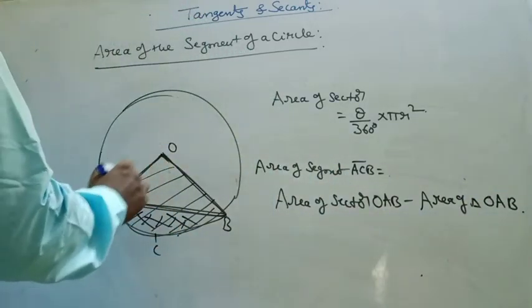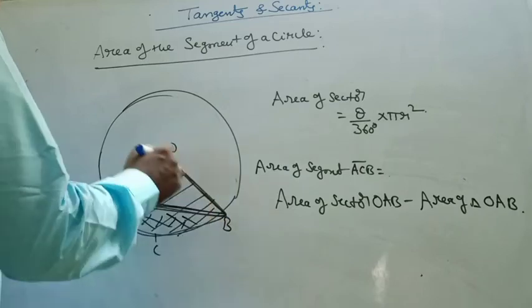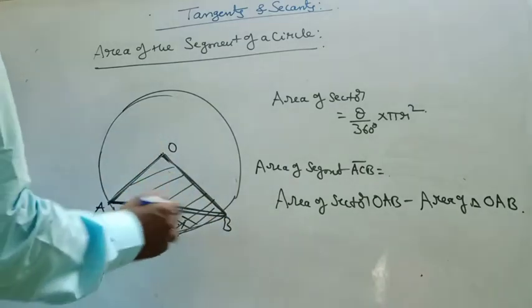From this total sector area, if you subtract the area of this triangle, then you will get the area of this segment. That is the concept.